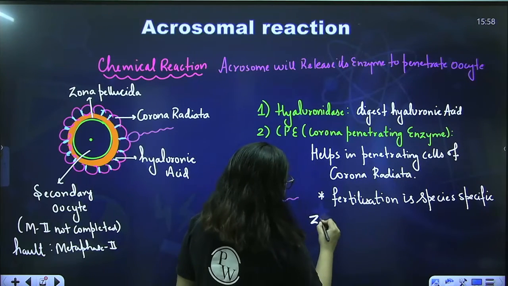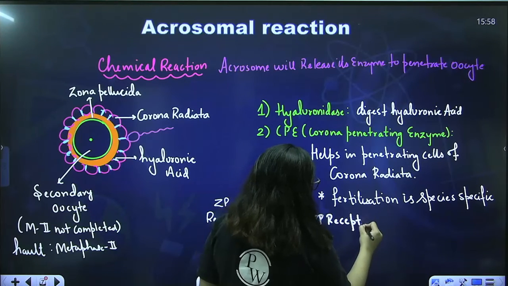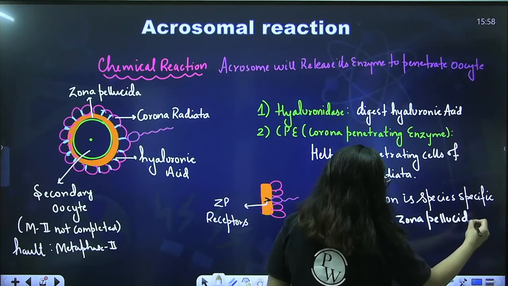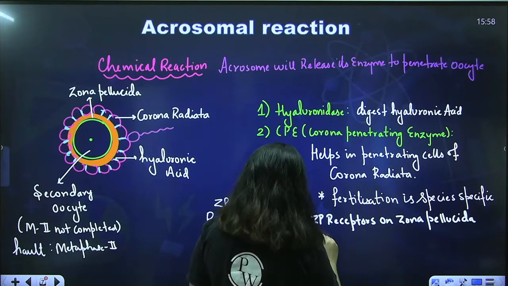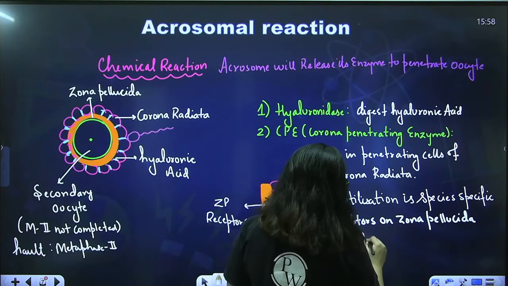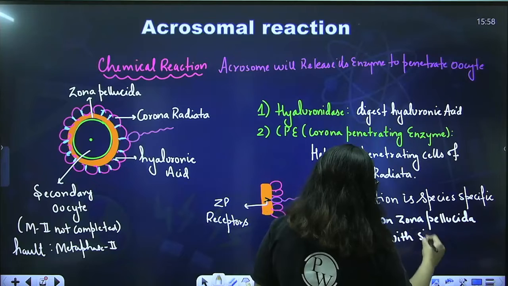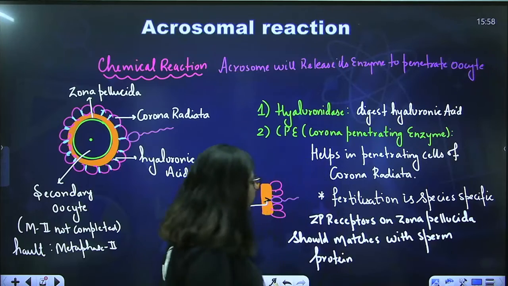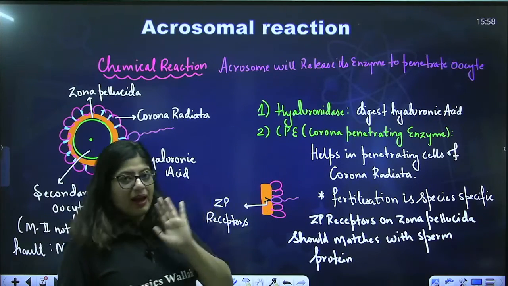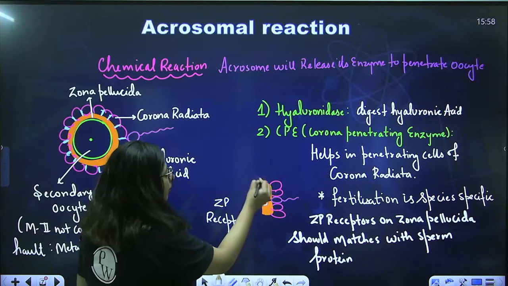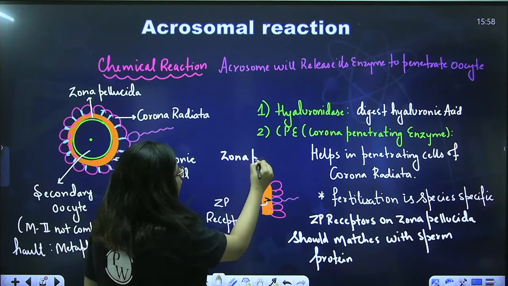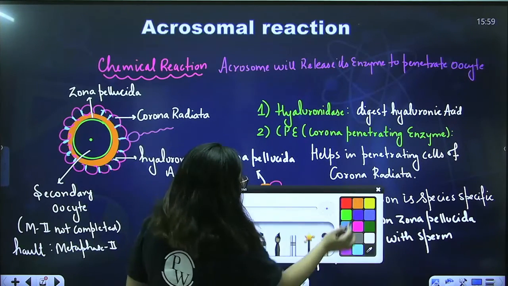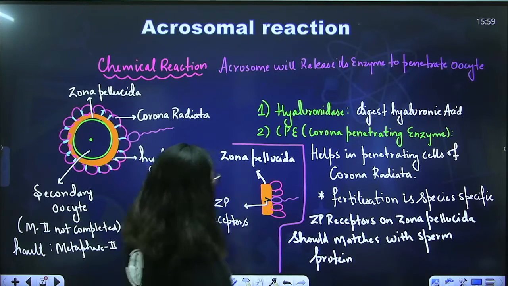So ZP receptors on the zona pellucida should match with the sperm protein. Now the match has occurred, but the zona pellucida is a thick layer of glycoprotein. We need to penetrate it.